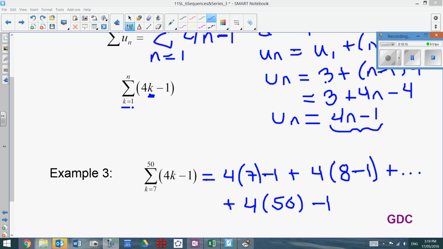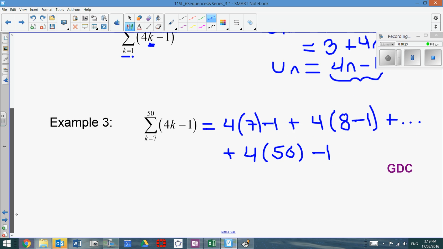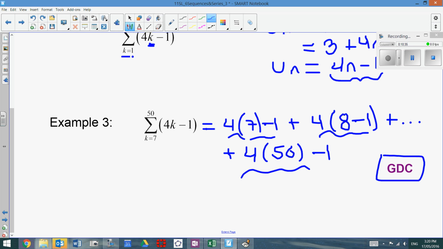So if you started this one, you're realizing you are not going to wind up taking all of your time substituting in 7 all the way up to 50. You're looking at several values there. So this is one that you might want to use with your GDC to go ahead and substitute in and wind up doing this a lot faster. So showing some work that you know what your first term looks like and your second and your last term, but then after you set that up, go ahead and grab your GDC and find your actual solution.